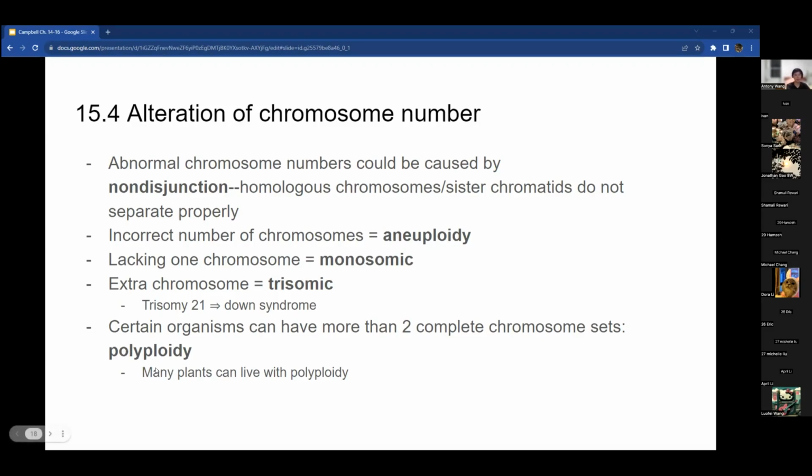But plants are sedentary. They don't have as complicated a system, so they can live with polyploidy. That's why strawberry plants are octoploid. I think corn is hexaploid or something.